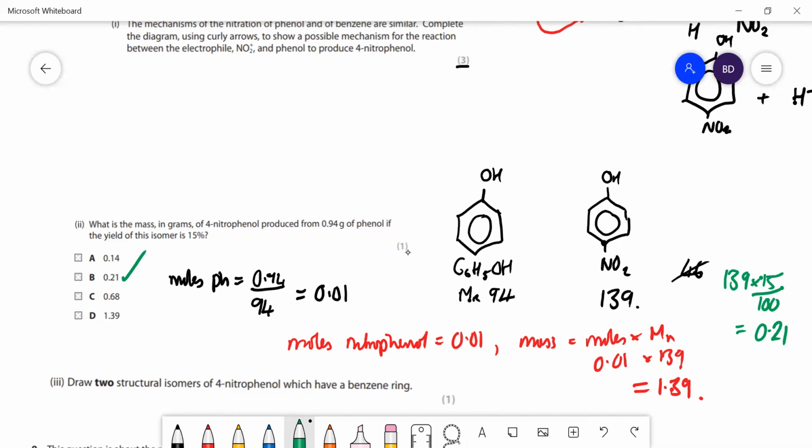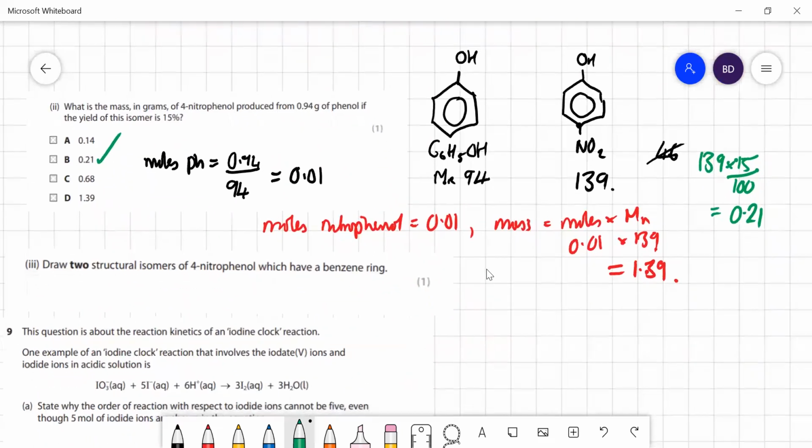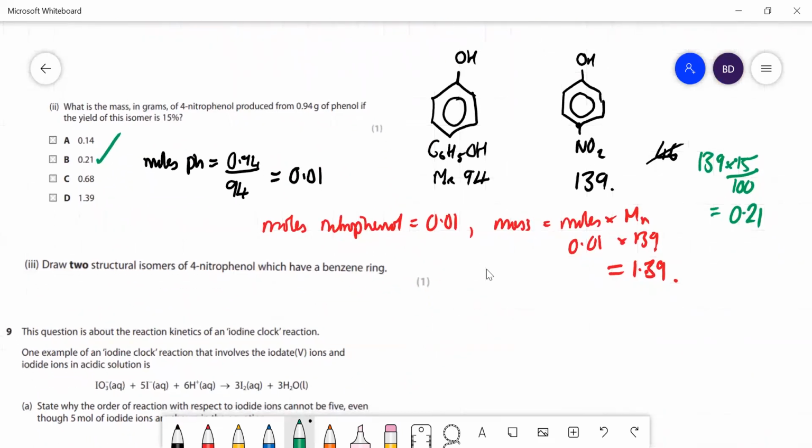Okay. Draw two structural isomers of nitrophenol which have a benzene ring. Okay, so for nitrophenol, we can have 2-nitrophenol, and we can also have 3-nitrophenol.